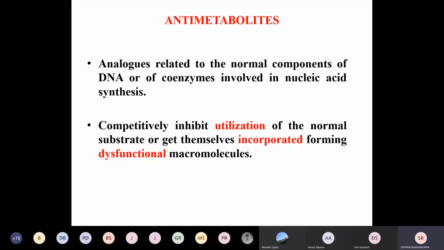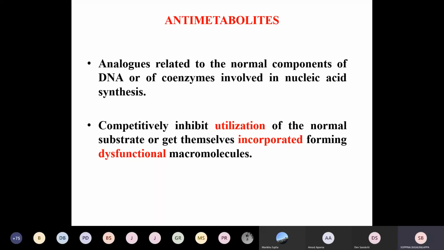Now coming to antimetabolites. These are analogs related to the normal components of DNA or the coenzymes involved in nucleic acid synthesis. So these drugs are similar in structure to components necessary for nucleic acid synthesis, DNA or the coenzymes. They are analogs.